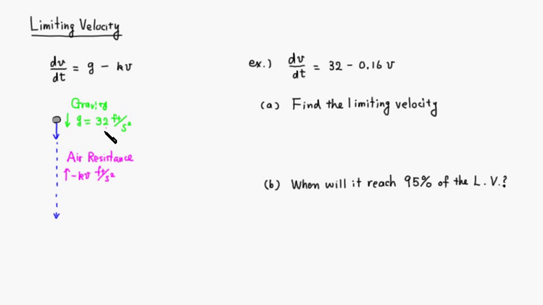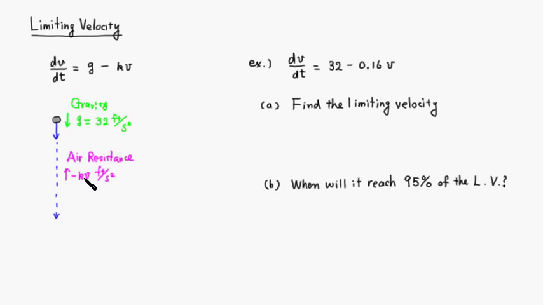If we take air resistance into consideration, this air resistance is always in the opposite direction of the velocity, and at the same time, air resistance is proportional to the velocity. So the faster you go, the more air resistance you're going to face, right?